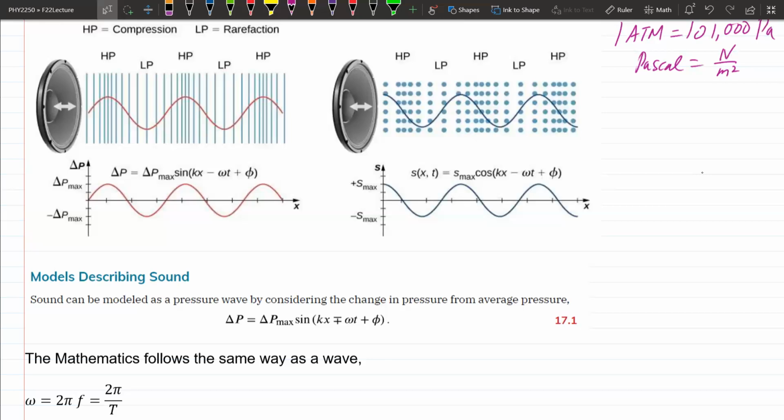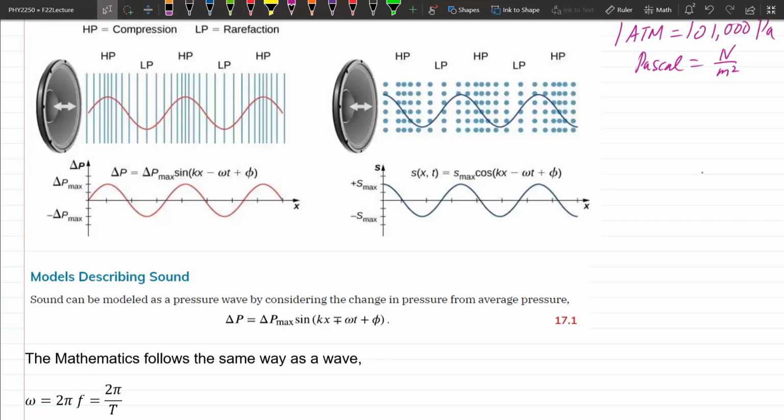Remember, me creating a high pressure right in front of me means I'm borrowing a little bit of molecules from around it. So this S indicates how far these molecules actually moved away from their equilibrium point. And instead of a sine wave, it's basically 180 degrees out of phase, which creates a cosine wave instead.